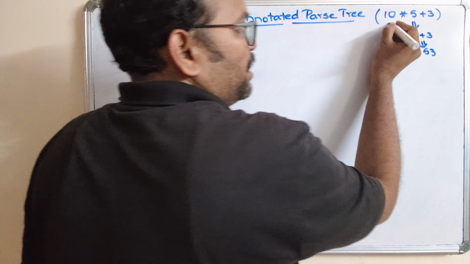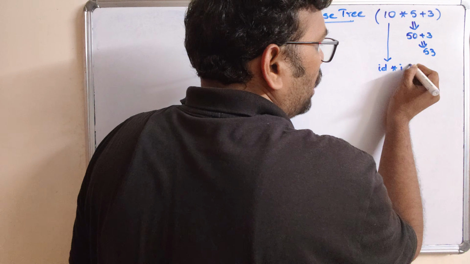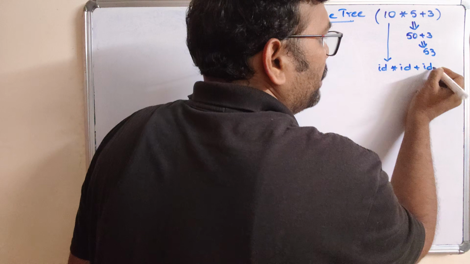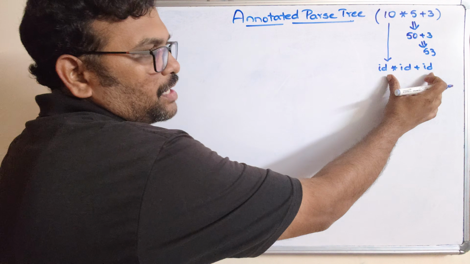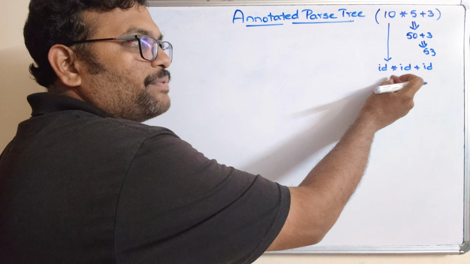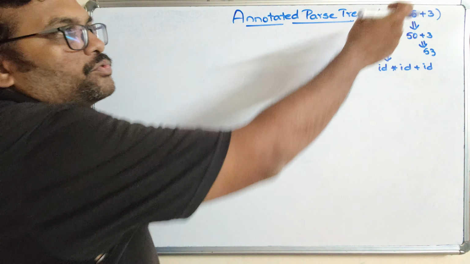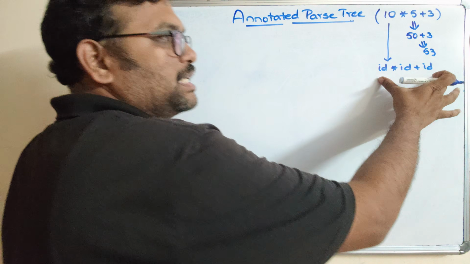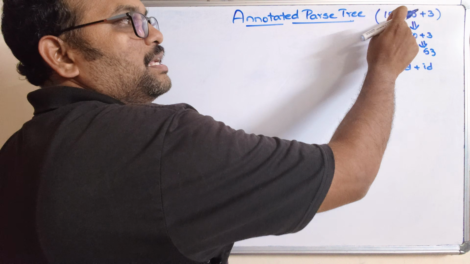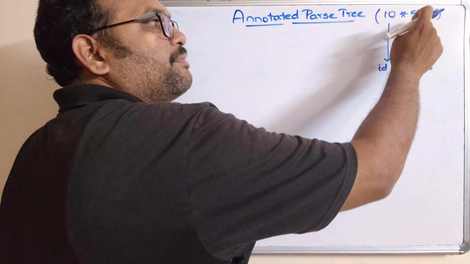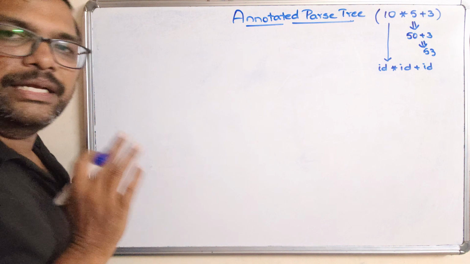The expression is represented as id * id + id. We need to construct the parse tree for this expression, where every non-terminal represents a value. Once executing this, we should get the result as 53, where the first id is replaced with 10, the second identifier with 5, and the third identifier with 3.